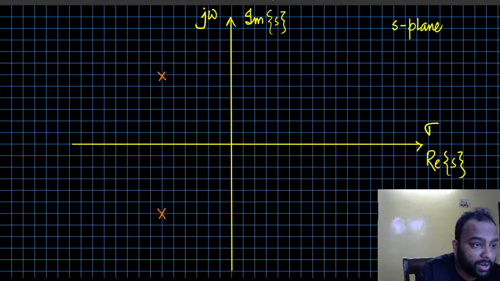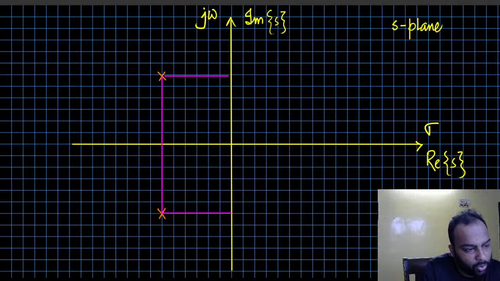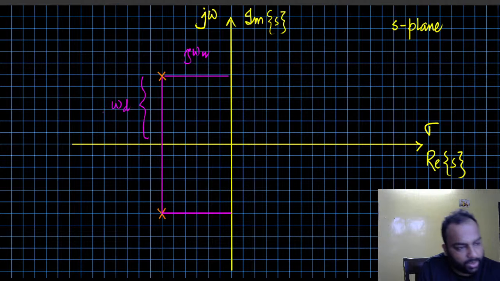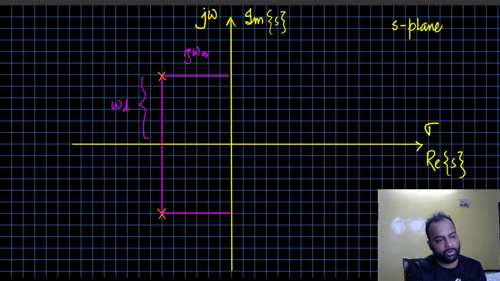We already know that, so let me just draw these. If these are the pole locations, then we know that this particular length is zeta omega n, and this height was omega d, something we already know, right?